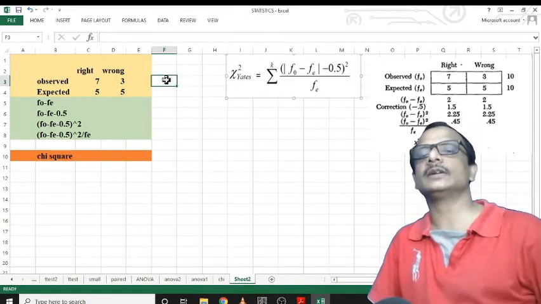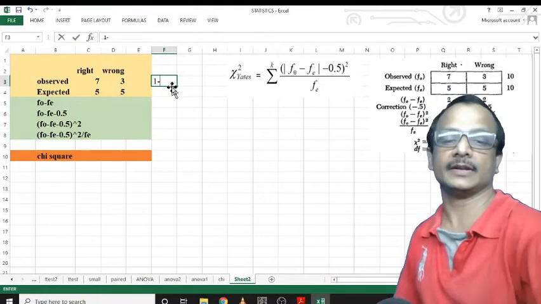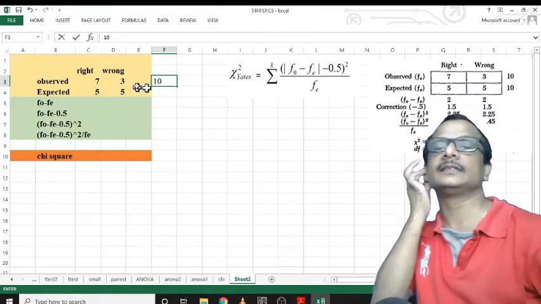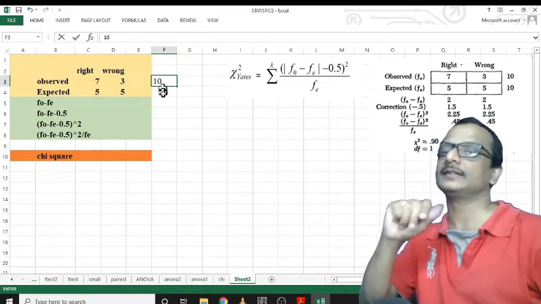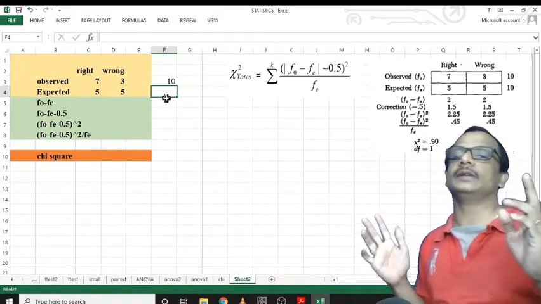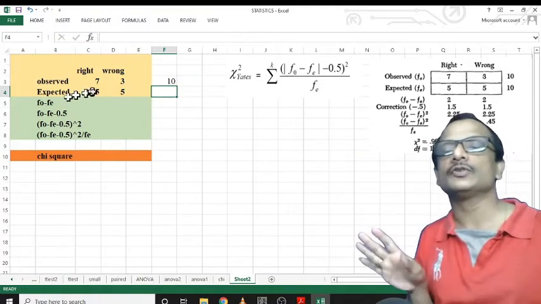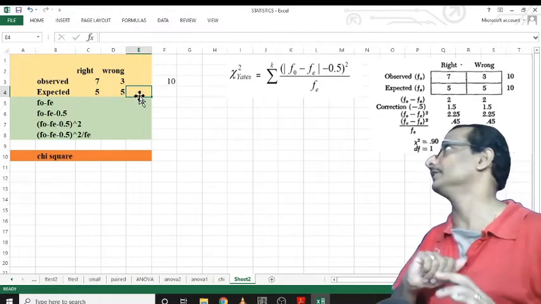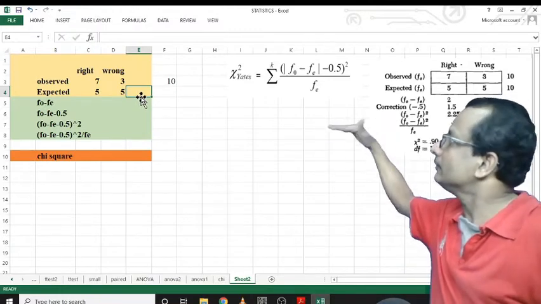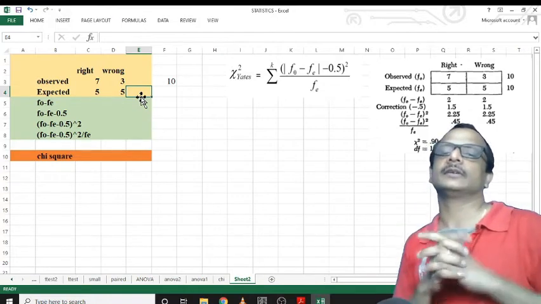In order to calculate the expected frequency, we sum up 7 plus 3, which is equal to 10. Then if 10 is divided into 2 equally, the expected frequency for right and wrong should be 5 and 5, isn't it?